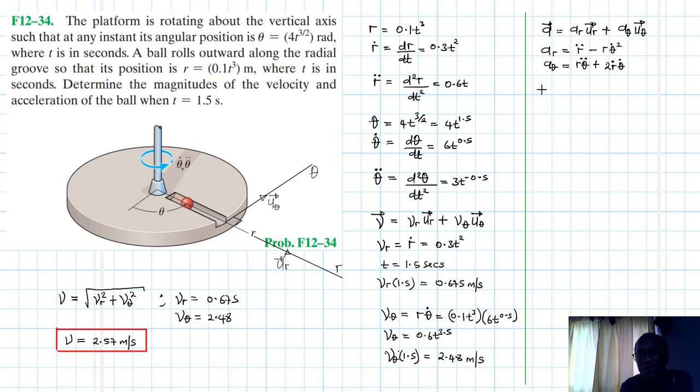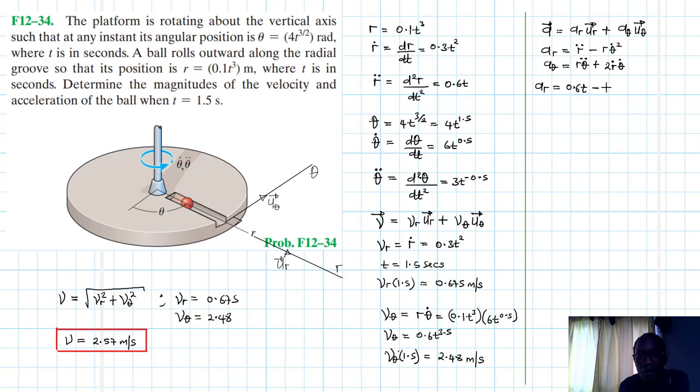Okay, so AR, we have already the R double dot is 0.6, minus R theta dot squared.